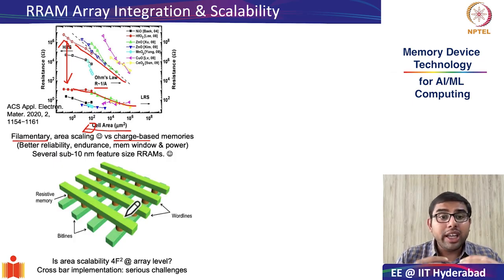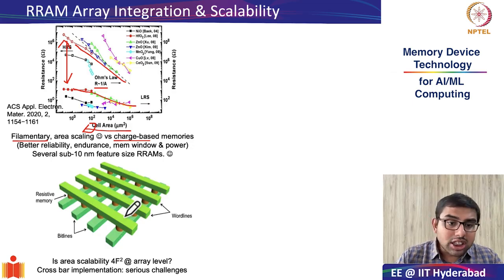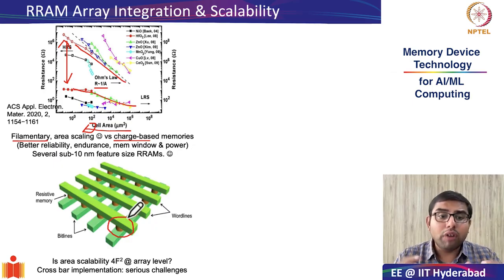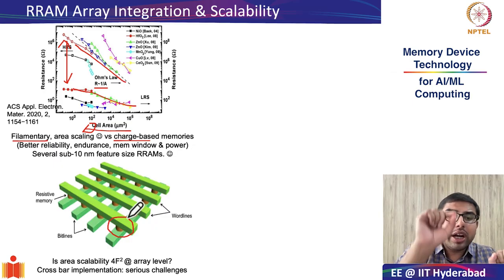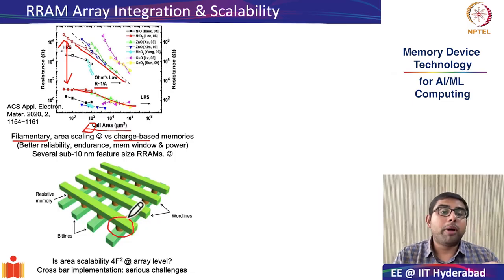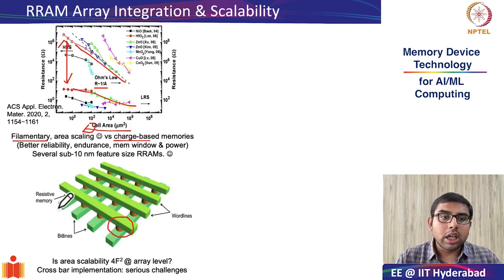So, one of the key interesting features of RRAMs is not just that you can arbitrarily reduce the area of the cell size and make it comparable to a nanometer size filament, but also you can pack many of these RRAMs in this crossbar array configuration where you have these bit lines and word lines arranged in a crossbar fashion, and at the intersection of a bit line and word line you have a resistive memory element.